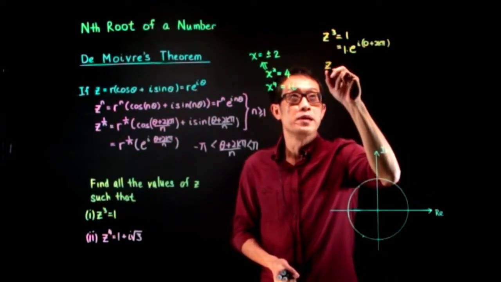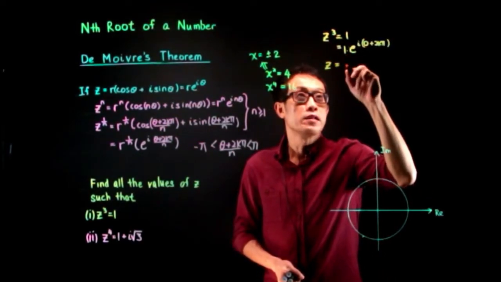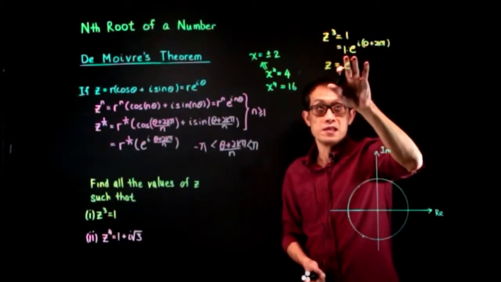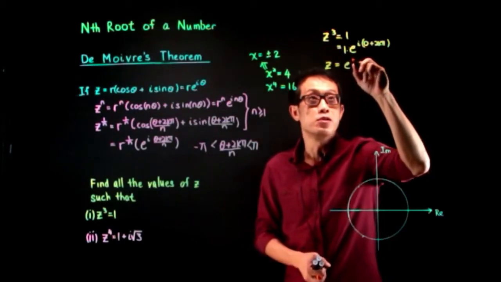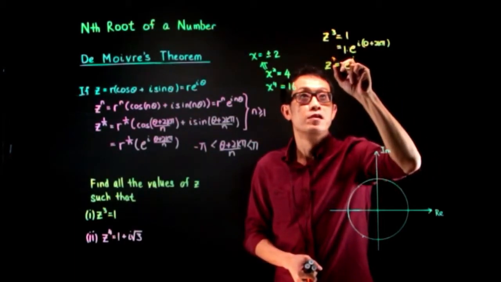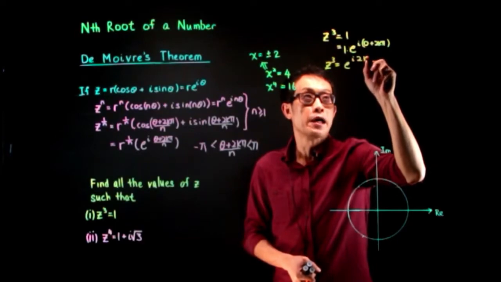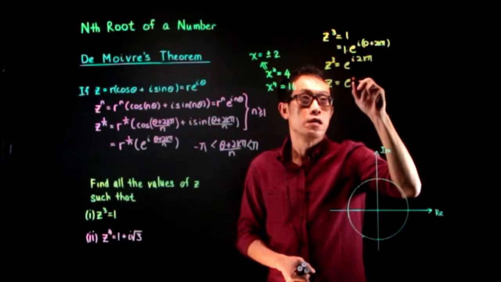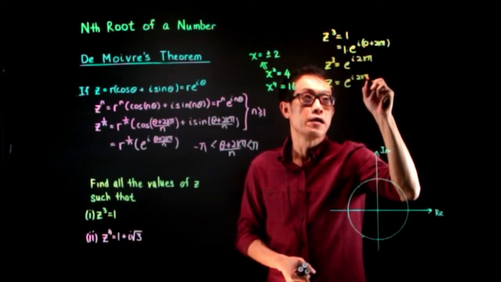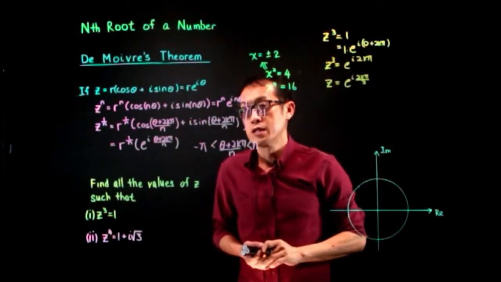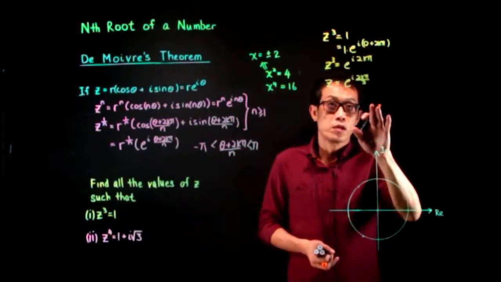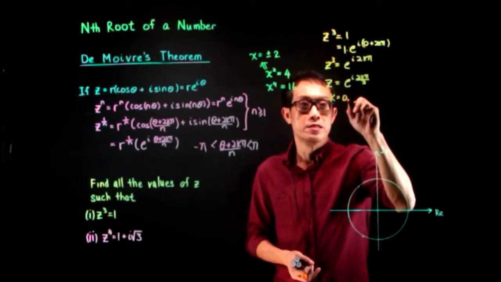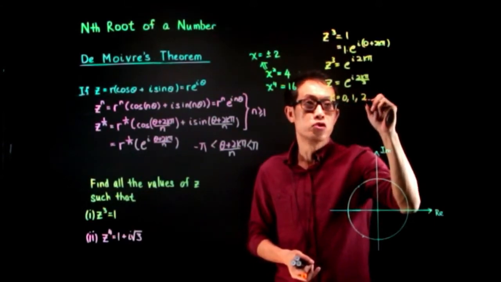So z will be equal to 1 times e to the power of 2k pi. Then z will be equal to e^(i 2k pi divided by 3). Now, k takes on the values of 0, 1, and 2.